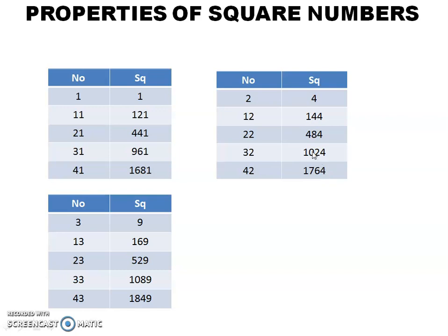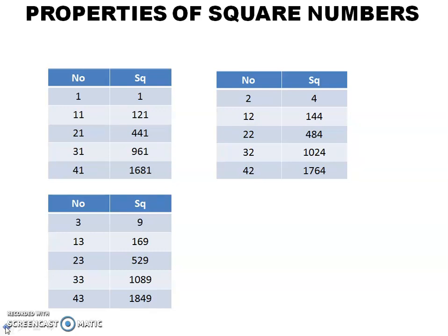What is the peculiarity? If the number ends in 2, its square ends in 4. Okay. Similarly, if the number ends in 3, its square ends in 9.